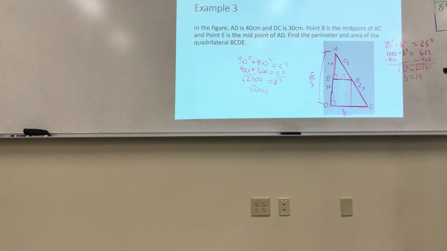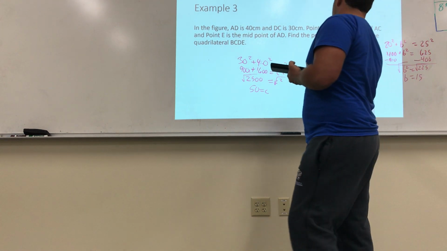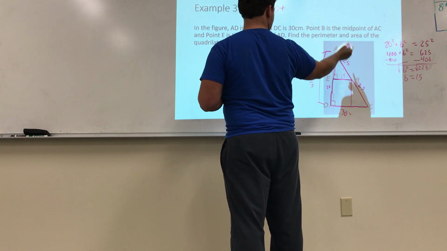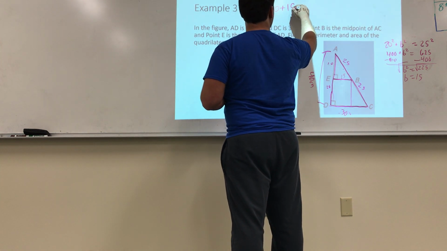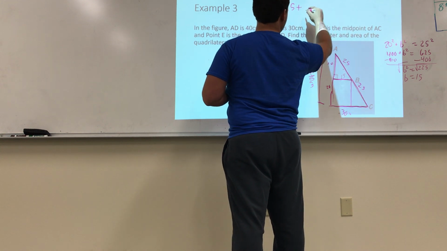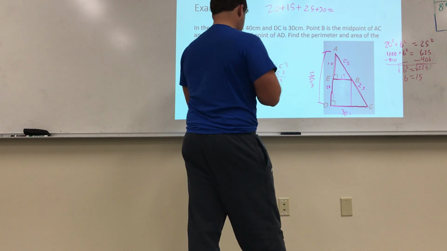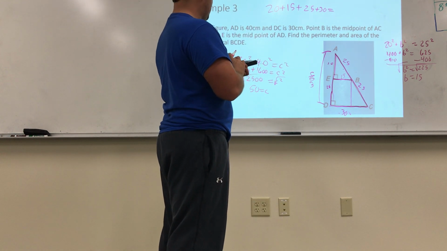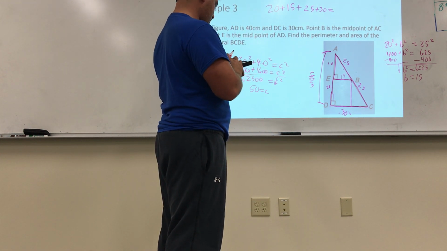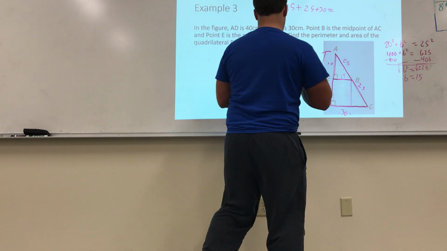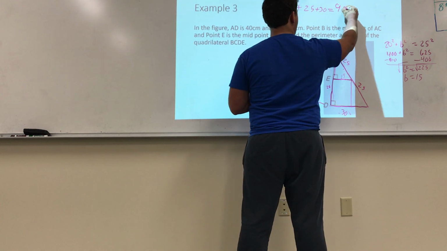So for the perimeter, I would just add up: I have 20 plus 15 plus 25 plus 30, which is 90 centimeters.